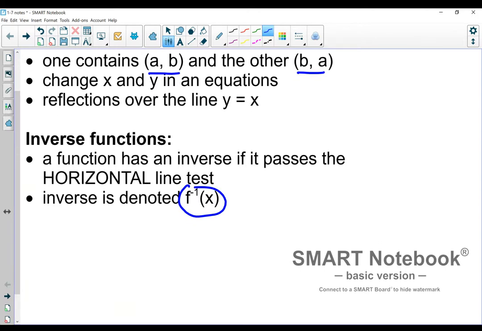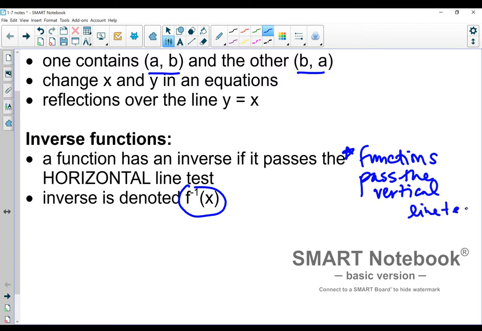So functions pass the vertical line test. We want to add that in. So that means if I have something like this, and I draw a vertical line through it, it crosses only one time.